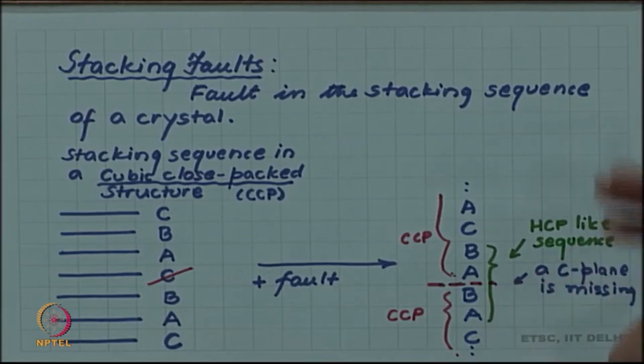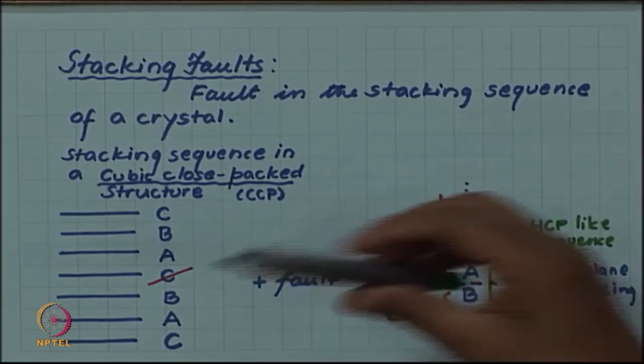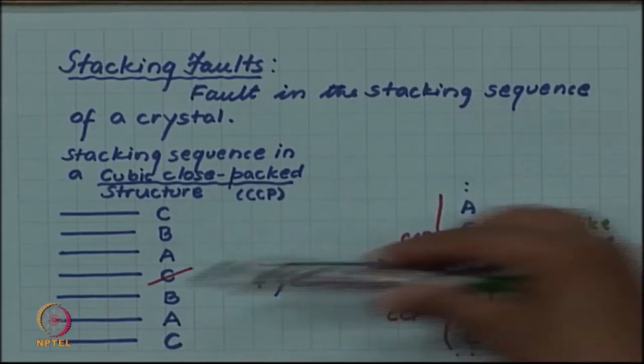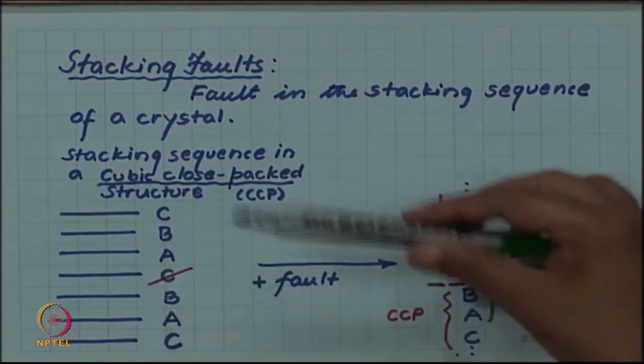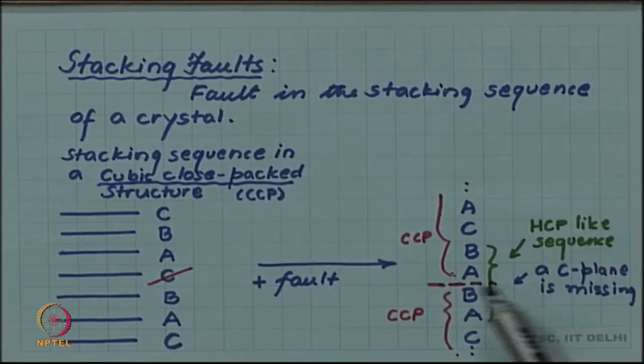So, this kind of defect can naturally occur in the crystal when the crystal is growing by addition of newer and newer planes, and where the C plane should have started, because notice that both A and C have an identical probability to nucleate over B, because geometrically the two locations are equivalent. So, only in the long range structure it affects the energy.